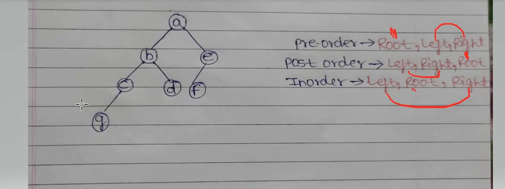I am going to solve this question with the simple basic concept first, and after that I will show the trick to solve it without making any mistake. In pre-order, the first thing we select is the root.